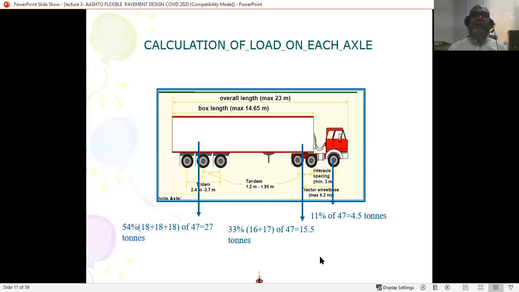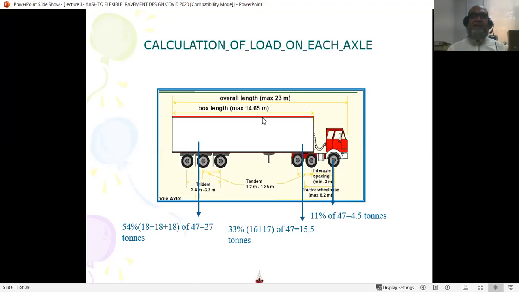Now, how to calculate load on each axle? For instance, this is a 6-axle vehicle. If it carries a 47-ton load, 11% will come here, meaning 11% of 47. 33%, as I've said, 16 plus 17, 33% of 47 will come here, and the rest will come here.